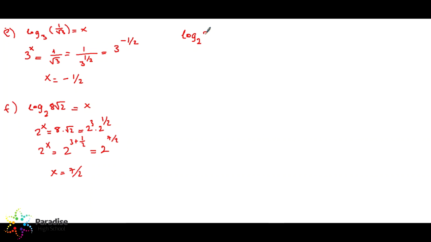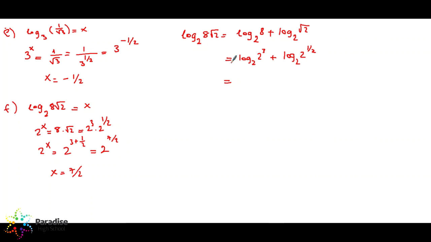Log base 2 of 8 root 2. Now, can I expand it? Yes, I can: log base 2 of 8 plus log base 2 of root 2. When there is addition in between, same base, we multiply these two numbers, right? I reversed the process, so I expanded it. Then log base 2 of, what is 8? 2 cubed, plus log base 2 of, what is root 2? 2 to the power of 1/2.